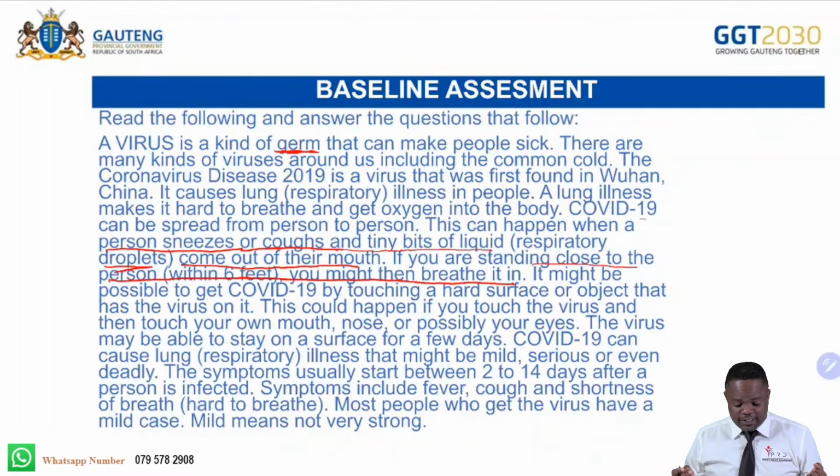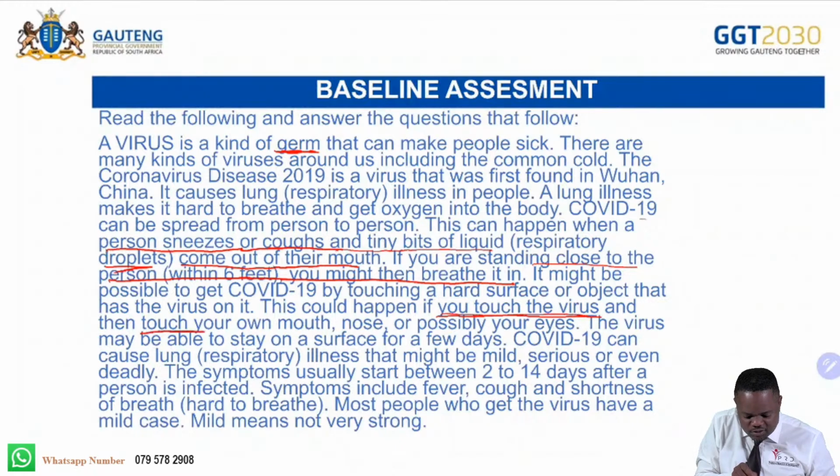So this is one way in which our COVID could be spread, and the other way is when you touch the virus. You're touching material, a table, anything, and then you touch your own mouth, your nose, and possibly your eyes.